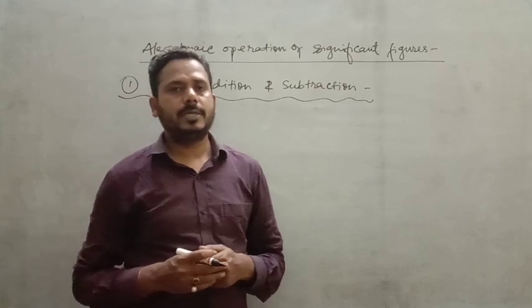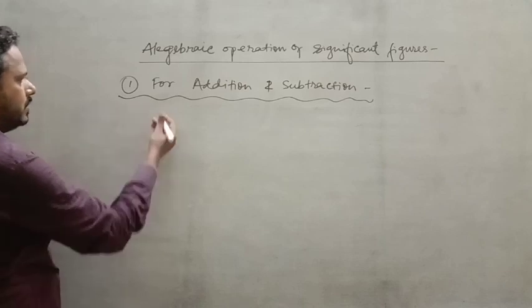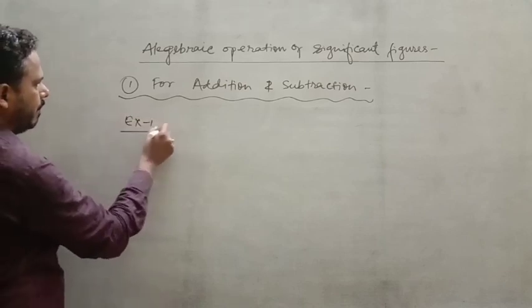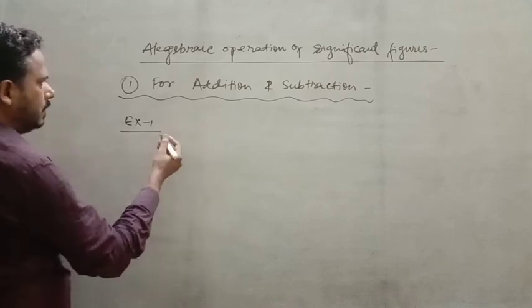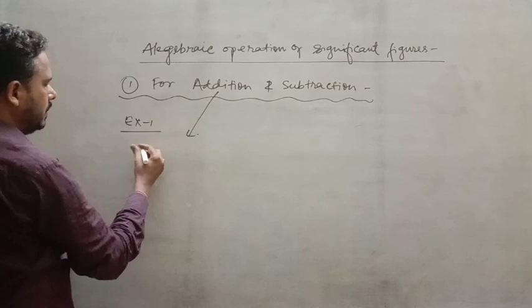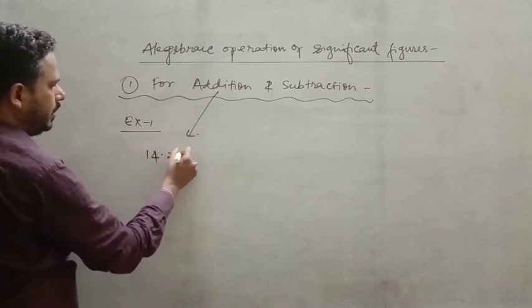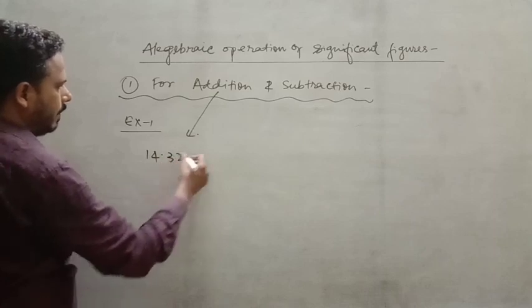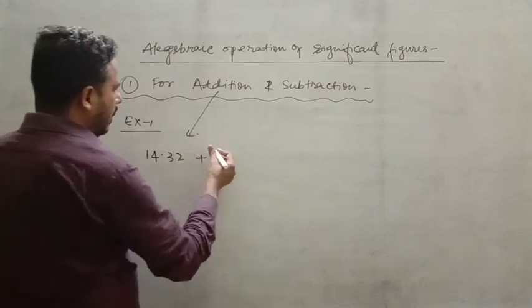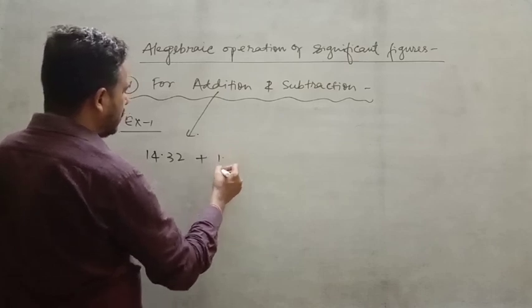Alright. So for addition and subtraction, you just take 2 examples. Example 1, first for addition: take a number like 14.32, plus another number, suppose 1.1.